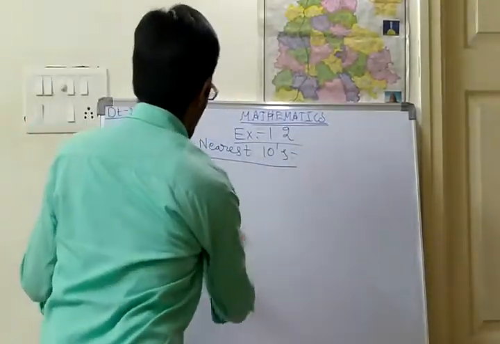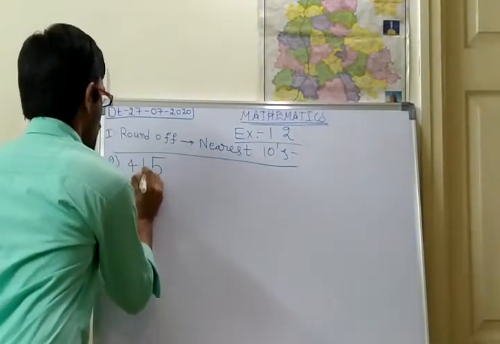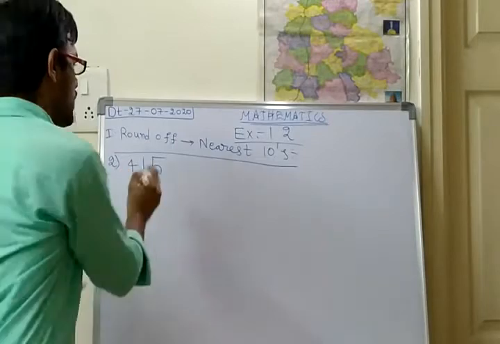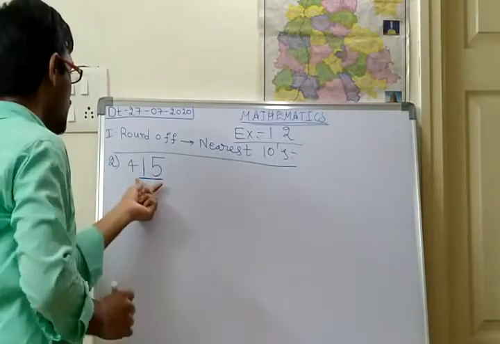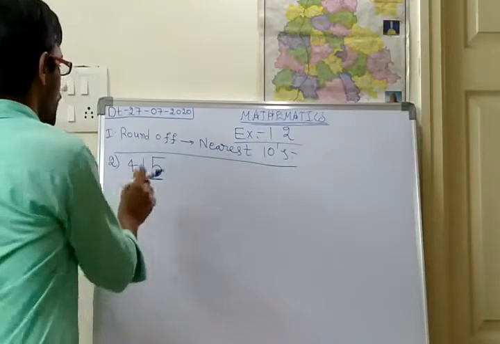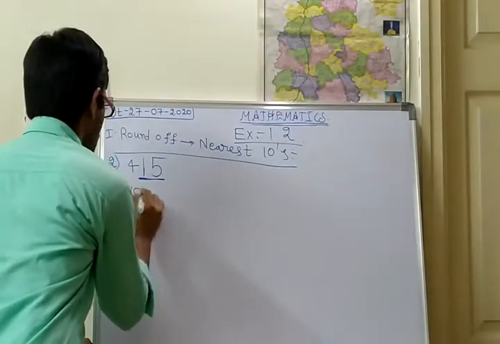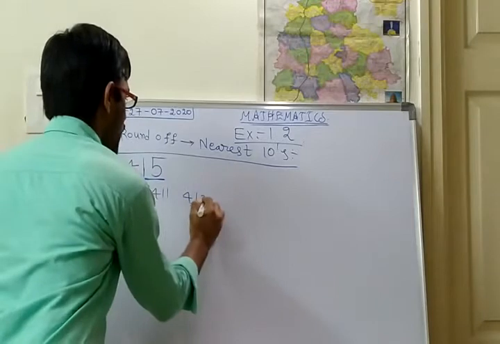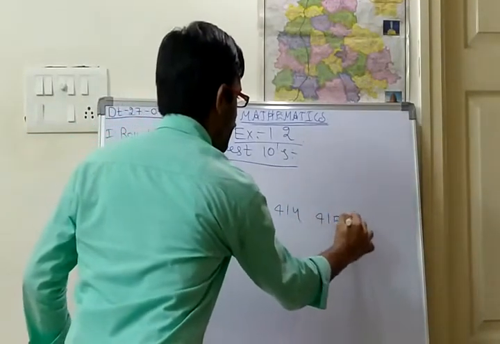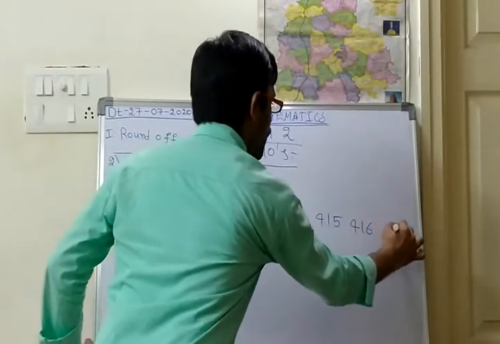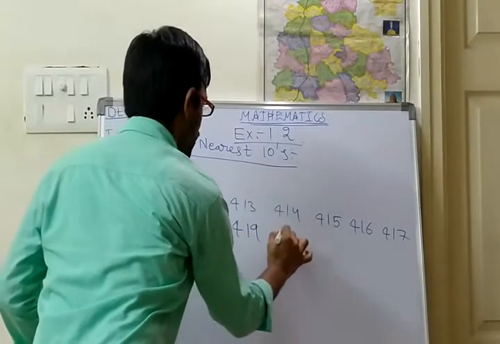So here, round off to the nearest tens. 415. How many digits are there? 3 digits are there. You should consider only these 2 digits. So 15 is there. 415 we can write as 410, 411, 412, 413, 414, 415, 416, 417, 418, 419, 420.